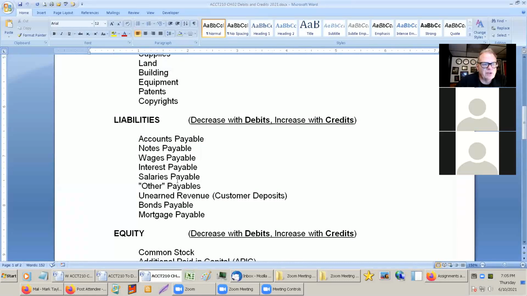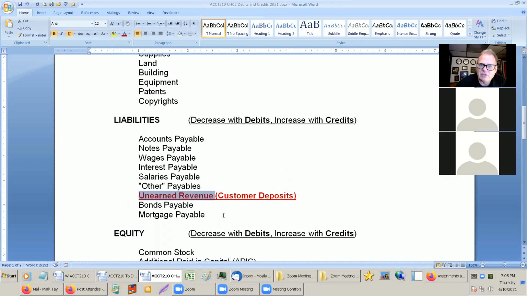We haven't talked about this. This is what they call unearned revenue, sometimes called customer deposits. A lot of times when someone pays in advance, maybe you give them a better deal if they pay in advance. Maybe they have questionable credit, and you say, I'm not going to do it unless you pay me ahead of time. Last time you didn't pay me for 3 months. So this is called unearned revenue.